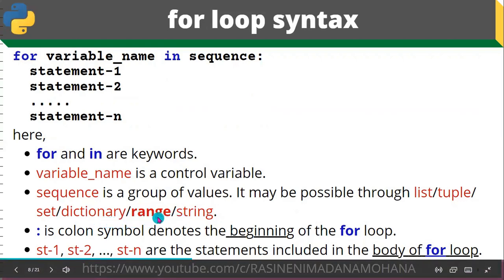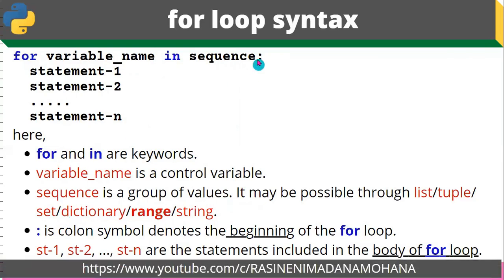Now range, we just discussed. Here we'll demonstrate more about range, followed by the other sequences. One example also we will demonstrate. Then what is the colon? Here the colon denotes the beginning of the for loop. Like in other programming languages, we may use curly brackets, open brace and close brace. But here in Python, to begin the loop we use a colon.